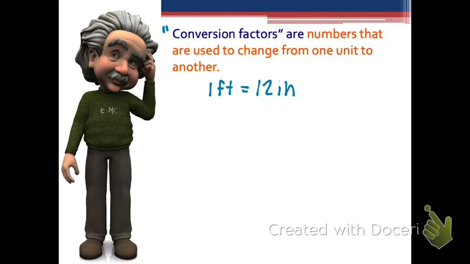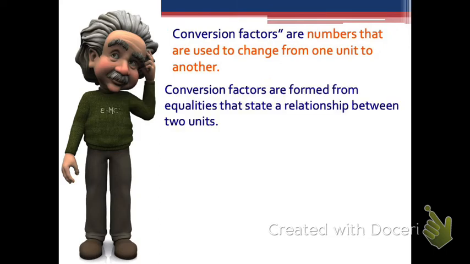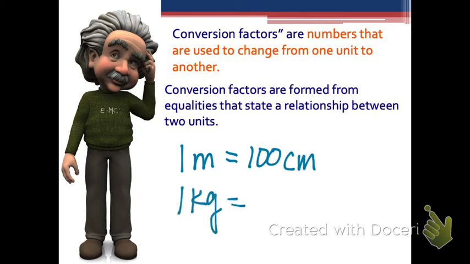Okay, so when we say convert, really we mean change, right? We're changing our units. When we said that 1 foot equals 12 inches, that's our conversion factor. Or 1 meter equals 100 centimeters. That's a conversion factor. 1 kilogram equals 1,000 grams. That's a conversion factor, right?